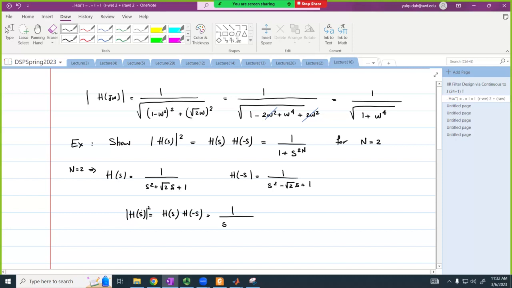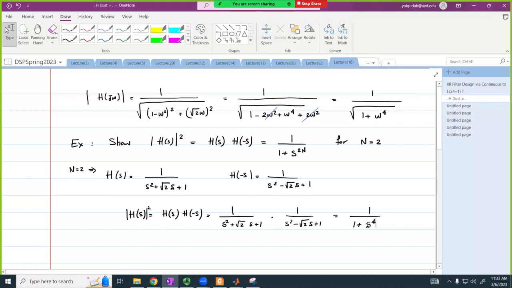This is going to equal 1 over s squared plus square root of 2 multiplied by s plus 1, multiplied by 1 over s squared minus square root of 2s plus 1. And if we multiply these two, the only thing that's going to survive is s to the 4 plus 1.